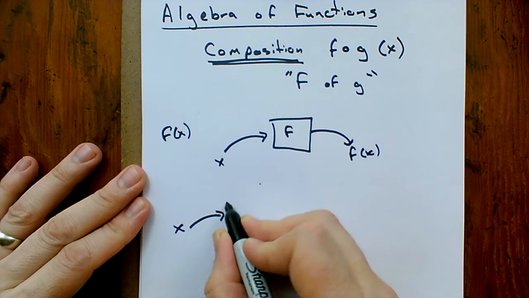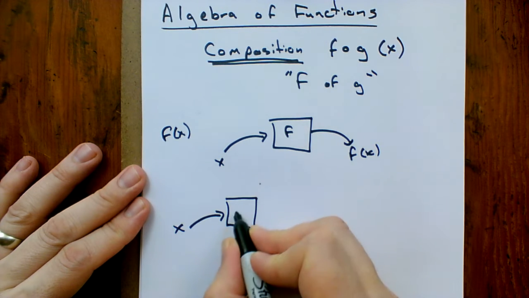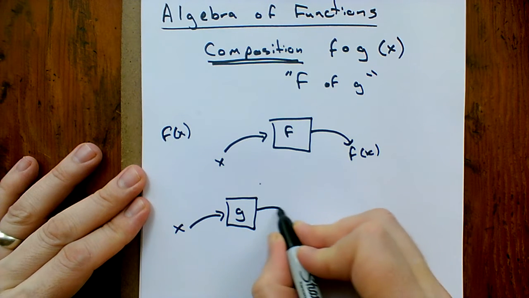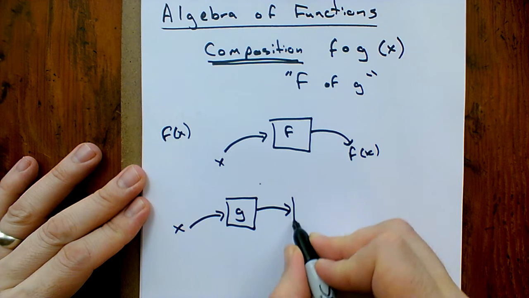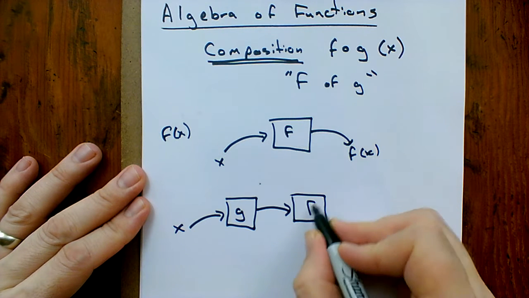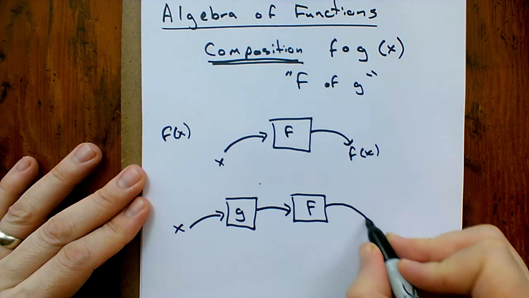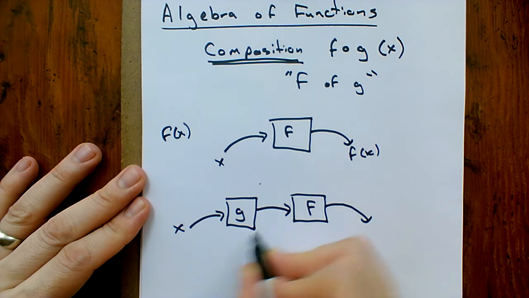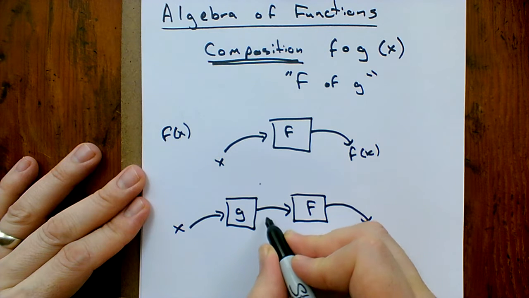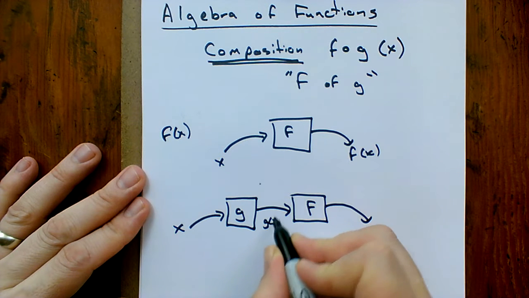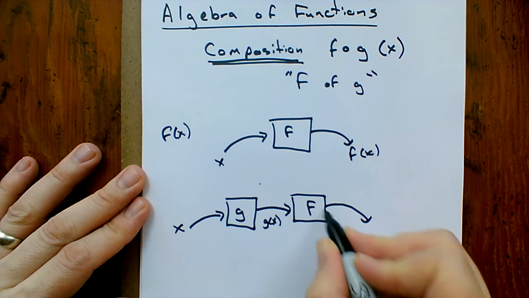We'll plug it into the g function, and then that output gets put into the f function. Think about what's happening at this stage right here. We've got this g of x, and that's what's getting put into my f of x.